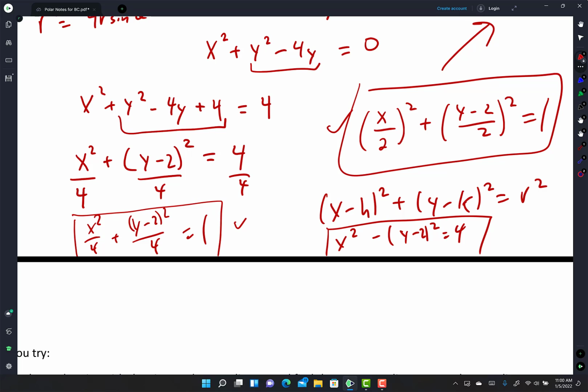Cool? Is it a circle? Yes. It's definitely a circle. Where's the center at? 0, 2. What's my radius? 2.